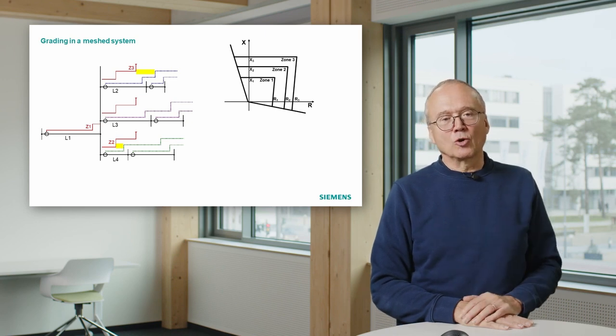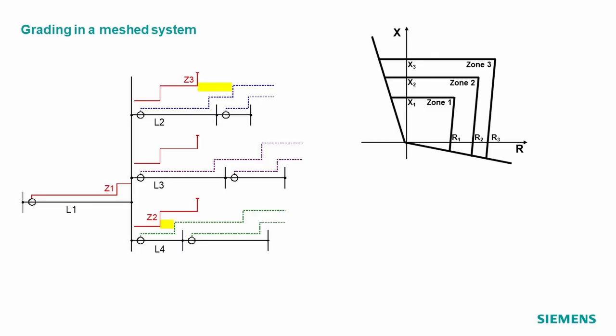You see this yellow arrow there, which indicates that with the reach of zone 2 of our line 1, we must keep a certain distance to the zone 1 end of line L4.